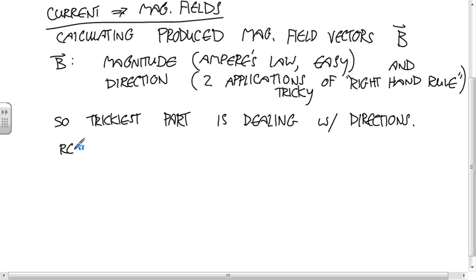I know this came up briefly when we were talking about circular motion, last semester, but I just want to remind you, if you see a symbol like this, that is a vector. What direction is that vector pointing?